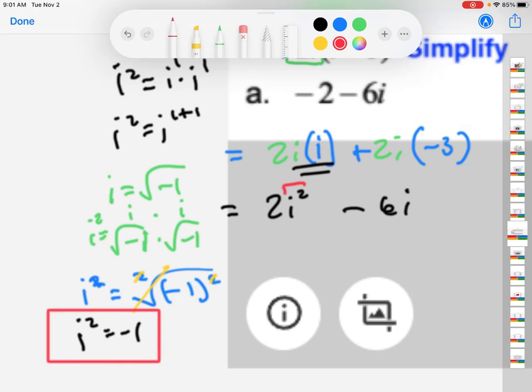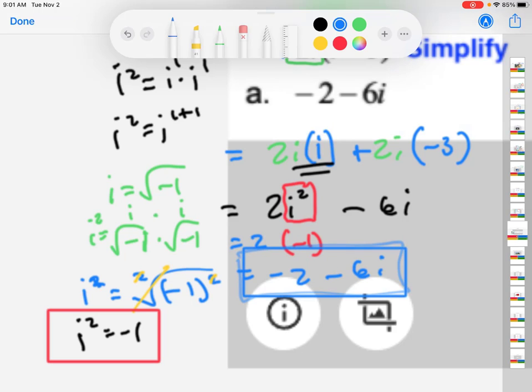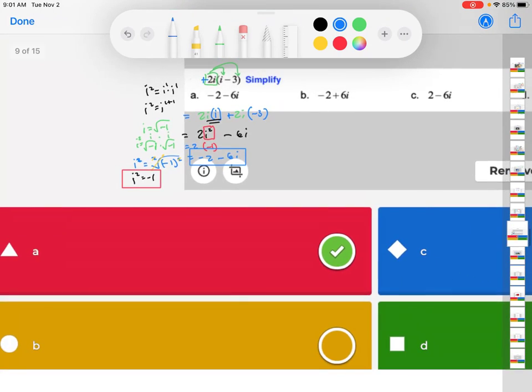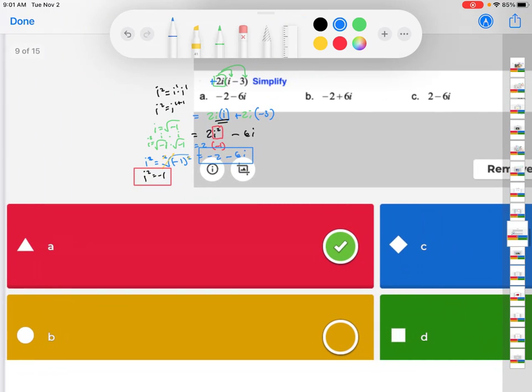You can write that on your formula sheet. So if I write -1 right here, that'll be -2 minus 6i is our answer. And that would be choice A, which is the red one.